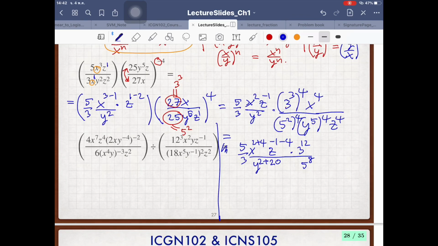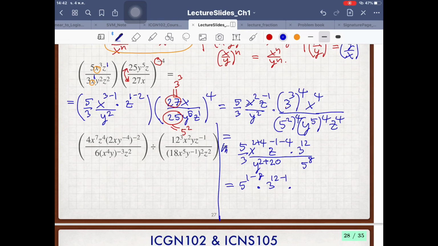So that's it. And then the next thing is we can combine the term of number. You have 5 to the power 1, 5 to the power 8. So here you have 5 to the power 1 minus 8, 3 to the power 12 minus 1.